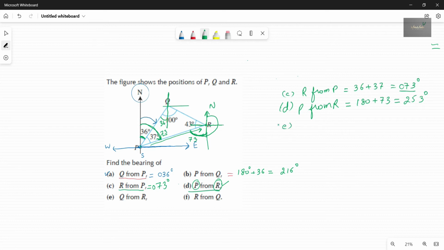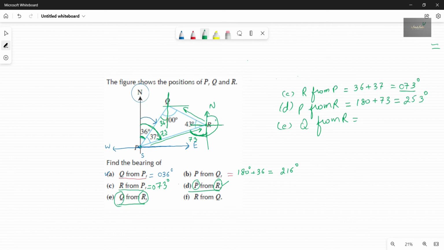Now E part, it is Q from R. You can guess which one is the destination and which one is the origin. We need to find the bearing of Q, meaning it is the destination, and R is our starting point, right? Q from R is actually this line QR going in this direction. It's easier because I calculated this answer, that was 253, and then we are going further 43 degrees, right?